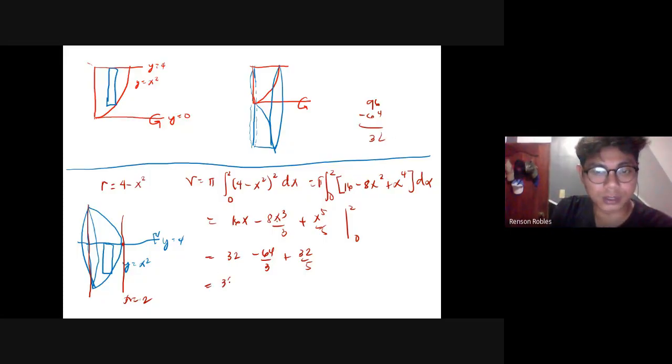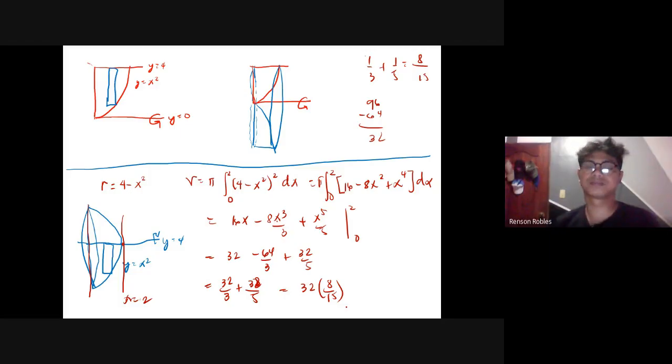So do we have 32 over 3 plus 32 over 5. So you have 1/3 plus 1/5 equals 8 over 15. So you have 32 times 8 over 15, and that is 256 over 15 pi. And then you just take the lowest term if there is. Okay? So that's the new volume.